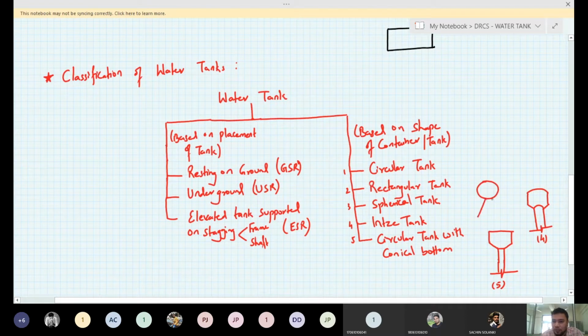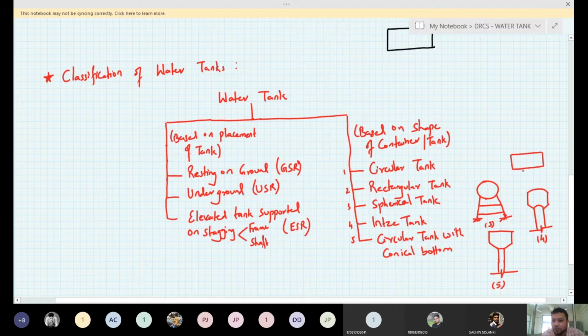So we have the staging like this. Okay, this is the third type, and rectangular, you all know, it can be rectangular in plan, or it can be circular.